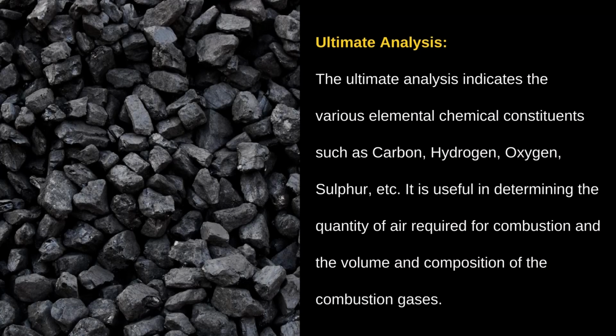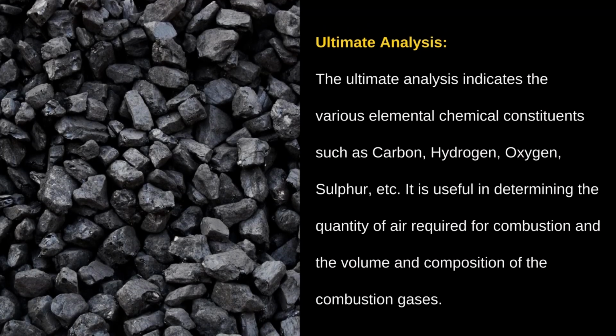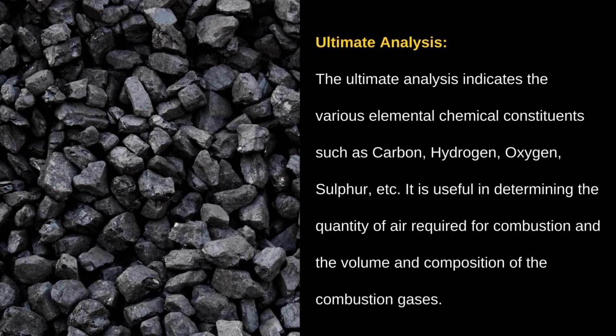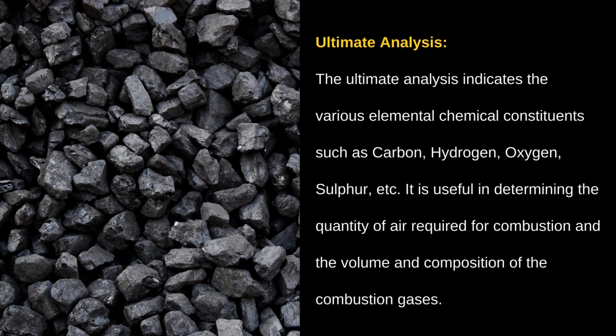Mostly, this analysis technique is useful in the coal and coke industry. Ultimate analysis. The ultimate analysis indicates the various elemental chemical constituents such as carbon, hydrogen, oxygen, sulfur, etc. It is useful in determining the quantity of air required for combustion and the volume and composition of the combustion gases.